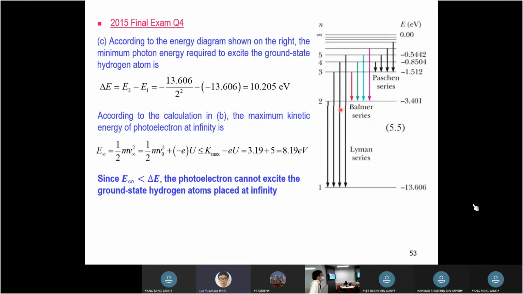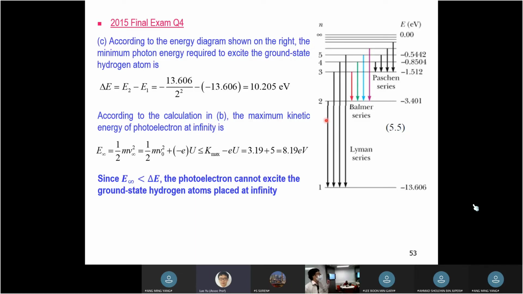No, very good. Because photon is different from electron. Electron can give any portion of its kinetic energy and keep the rest with it. But photon can only move at the speed of light. It can only either be completely absorbed by the atom or not absorbed at all.